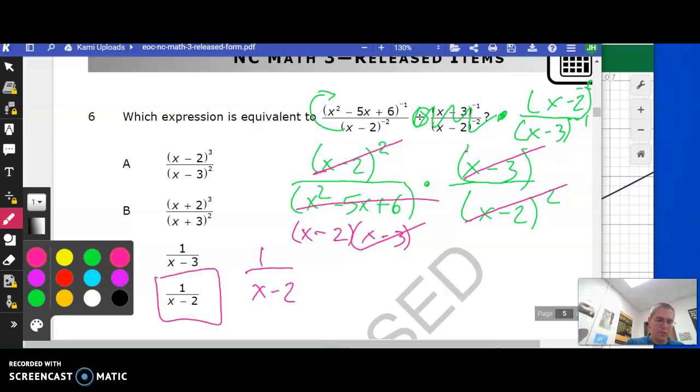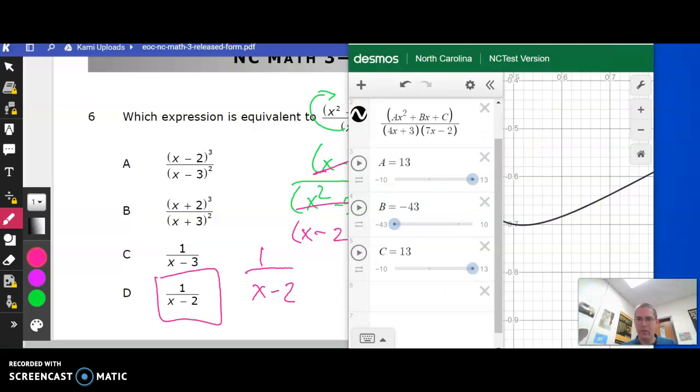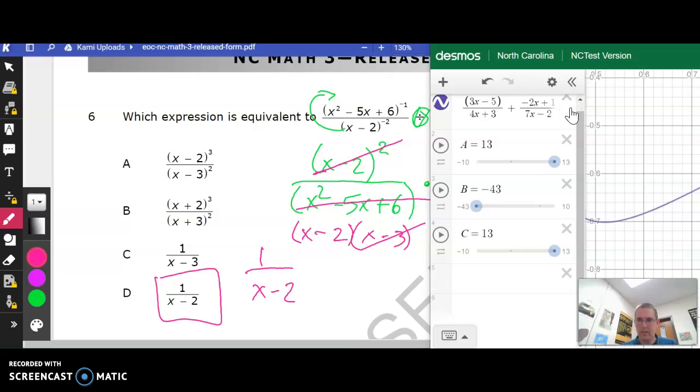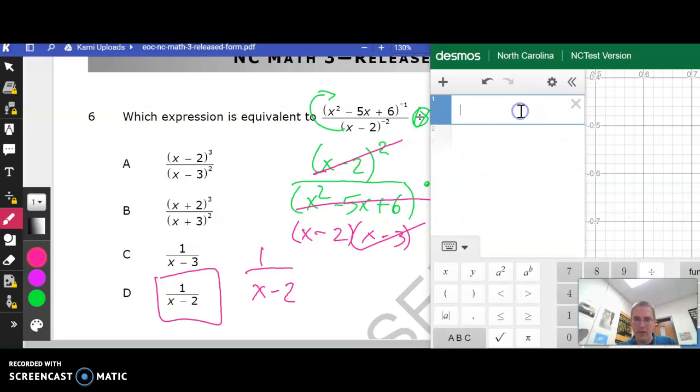Now I mentioned the word Desmos to factor just to make sure we're all still clear on that. I could have gotten that to factor as well by, sorry, I need to clear out some of this other stuff that's here, by just typing in x squared minus 5x plus 6.